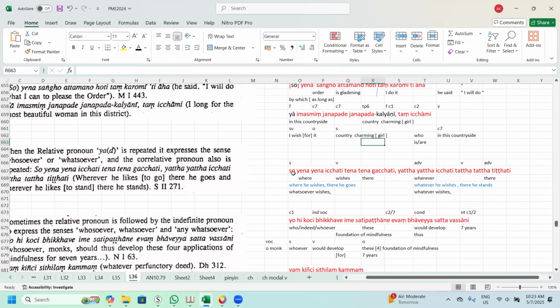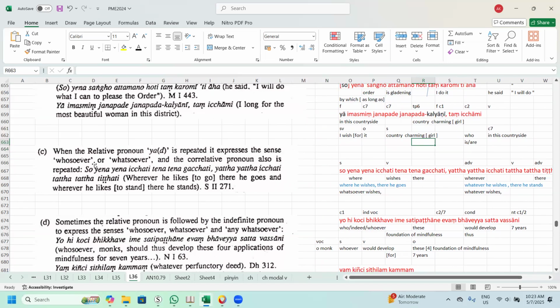You see, yena yena. Now here, whenever this is repeated, it would always take that meaning. That means the yena or ya, in whatever form, is repeated.